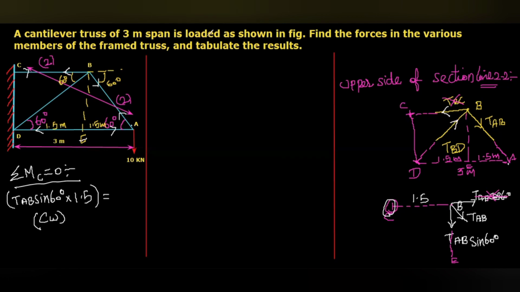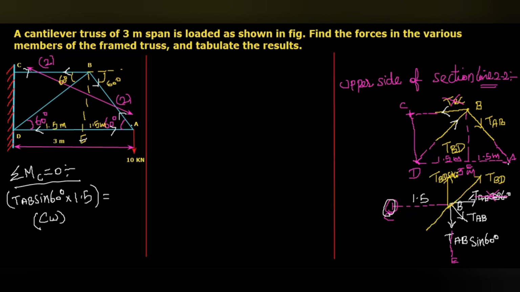Now I'm going to draw this here. If it is like this, it will be like this. Do you understand? TBD. Then the vertical component will be here, TBD sine 60.